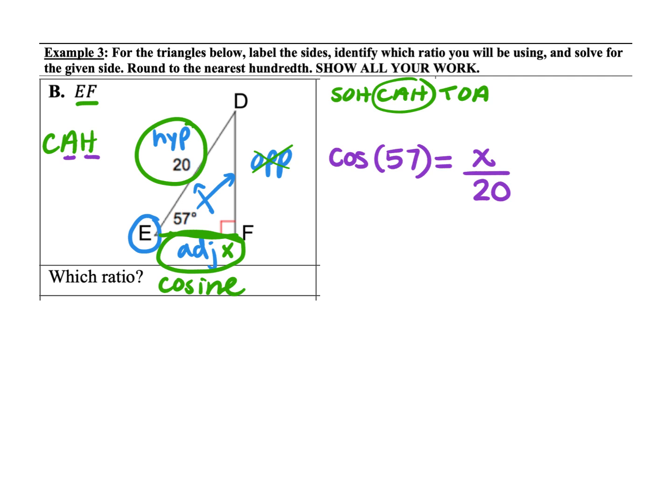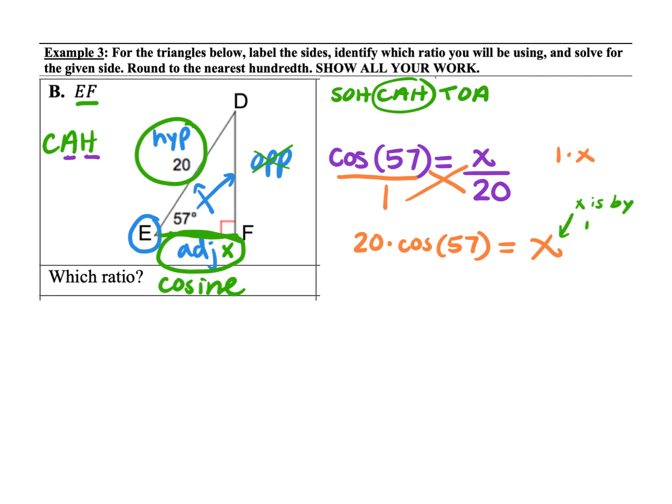And now we have our trig equation set up, and we are ready to solve it with cross products. Place the cosine ratio over a 1, and then we have 20 times the cosine of 57 degrees. Close the parenthesis, and that's equal to 1 times x, and when you times by 1, it's going to stay the same. So in this problem, x is already by itself.